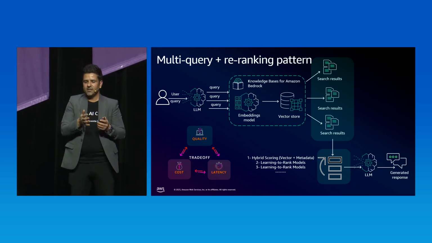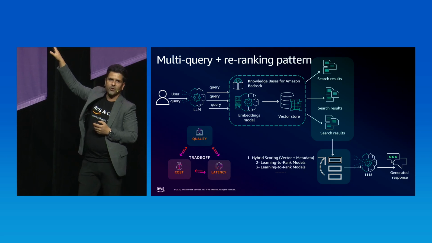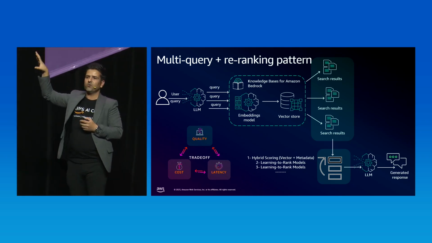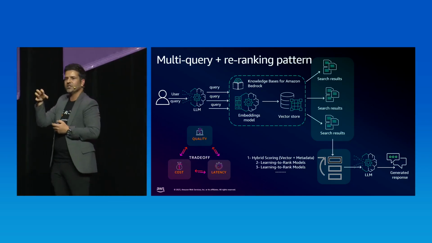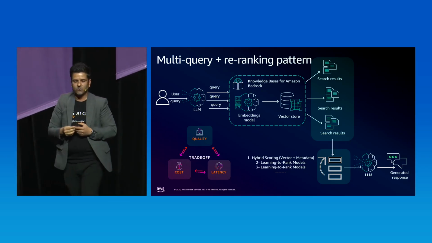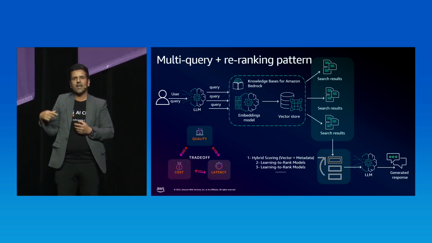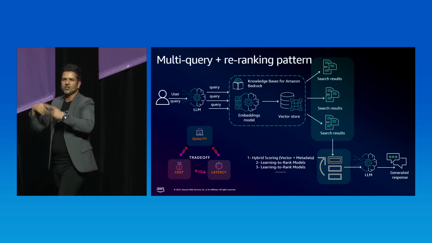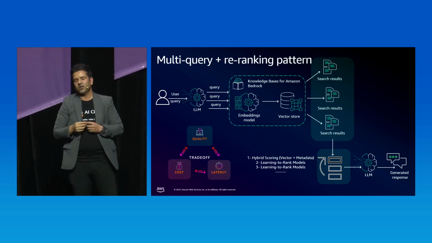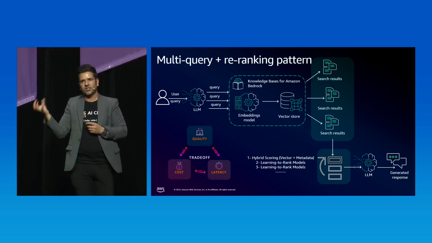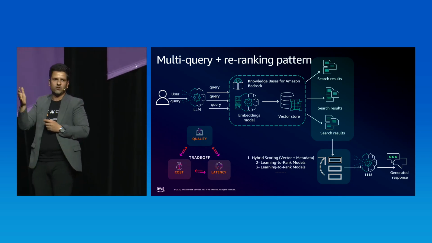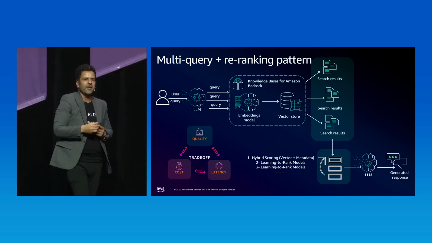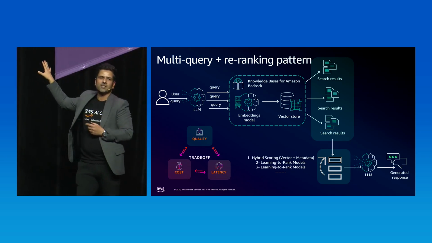So re-ranking: let's say you have the multi-query and generate, let's say, up to 50 chunks as a search result, and you retrieve 50 chunks out of the vector database. If you can implement re-ranking, which means reordering the chunks that are going to be used to create the context, and putting the more relevant chunks on the top and removing the irrelevant ones, that's how you implement re-ranking.